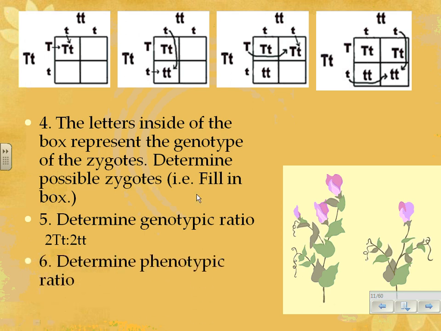If we look at the phenotypic ratio, what the physical characteristics would look like, if big T is tall and little t is short, 2 of the individuals would be tall and 2 of them would be short. So those are the 2 comparisons that we look at when we look at these monohybrid crosses.